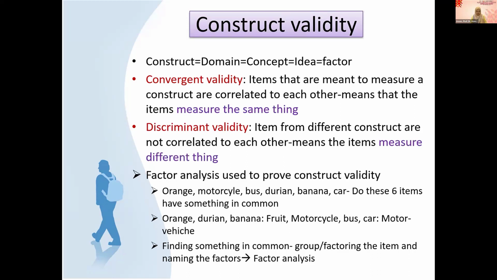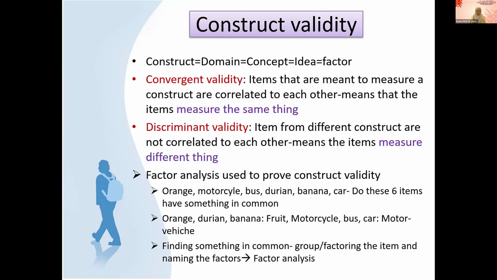And between the constructs, it should be convergent. Convergent means that the items that are meant to measure a construct are correlated to each other, meaning the items measure the same thing. The items under the knowledge construct should measure the same thing, knowledge.